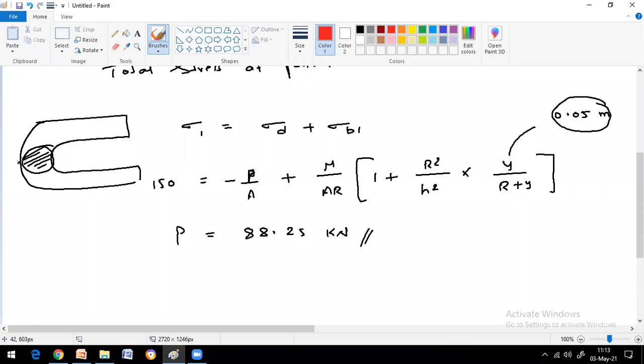So this layer is point 1, this is point 2. What is stress at this point? Calculate. At this point, what is the direct stress? What is the bending stress? Summation of these two will use the load which is acting on the curved beam. 88.25. In the same way, calculate what is the bending stress at this point which is acting due to both the direct and bending load. Calculate.